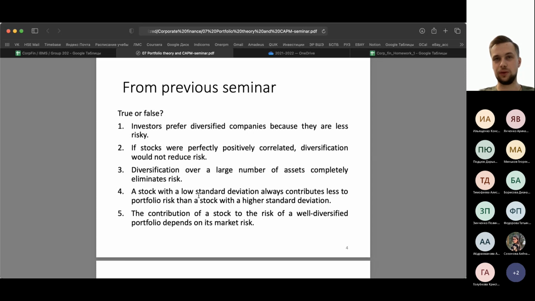So we will also have the shares of the stocks in the portfolio, right? And if the share of a low standard deviation stock is very, very high, 99%, for example, it will contribute more to the portfolio risk than a stock with a higher standard deviation but in a very, very little proportion.